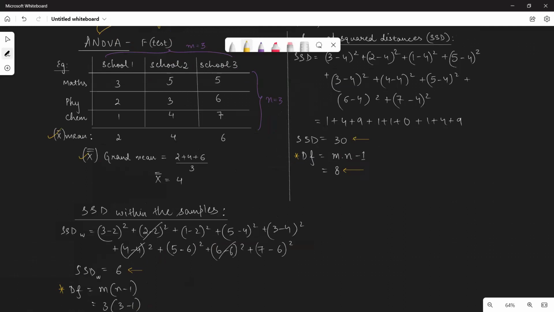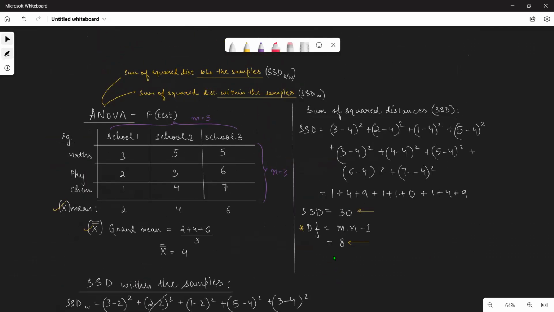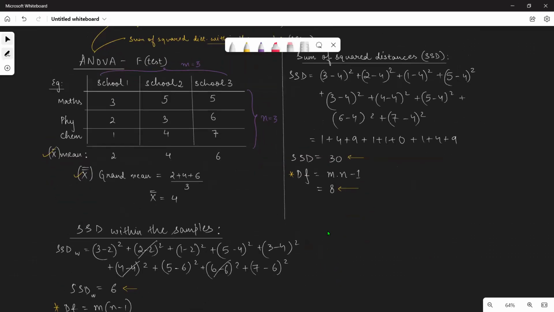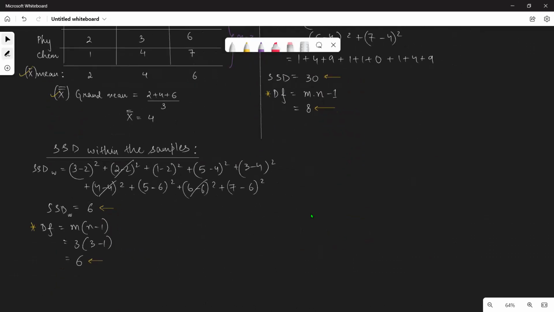Right now, when we compute SSD between the samples, you will observe that the formula of degree of freedom will change. But can you people tell me what will be SSD within? We have calculated it is 6.